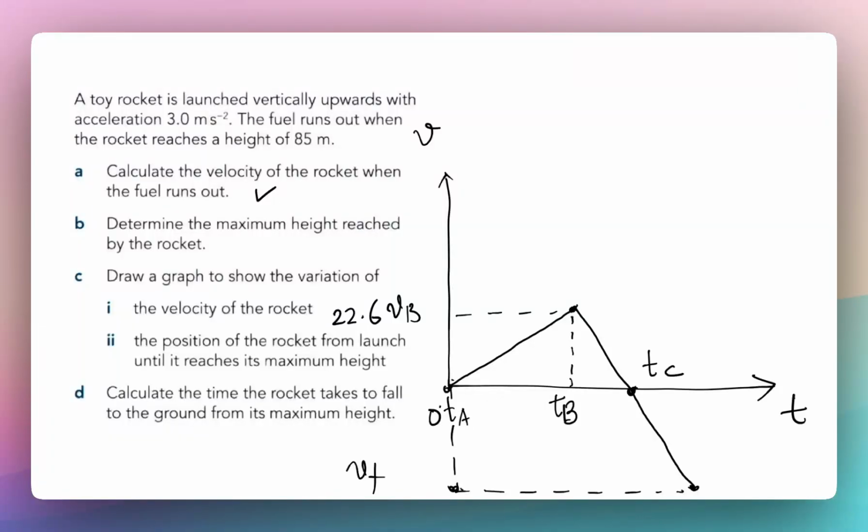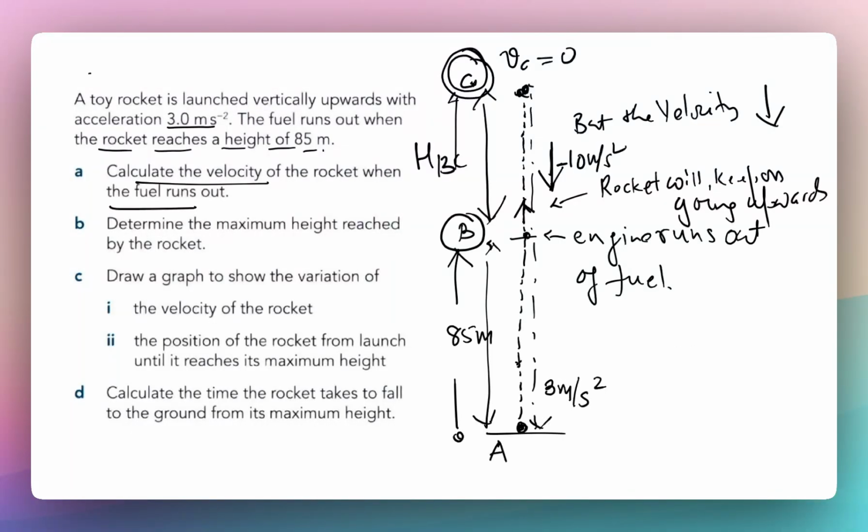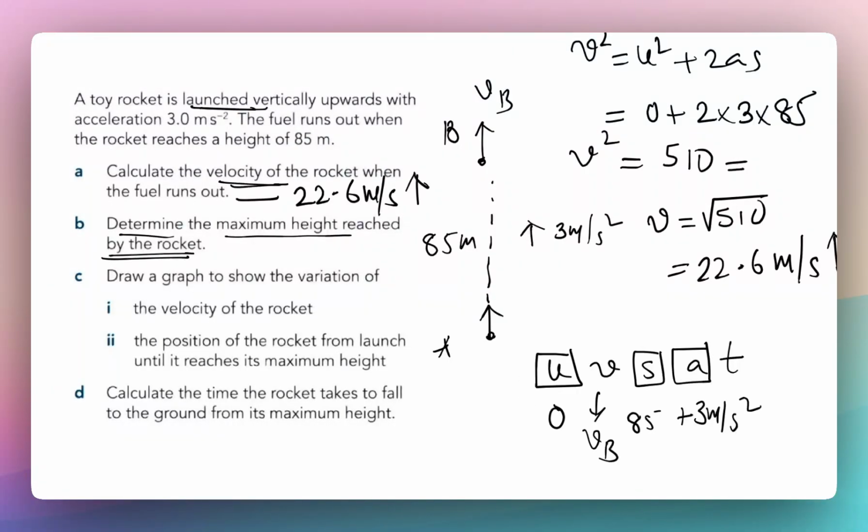So how much time between TA and TB? We can compute that. So part A, yes, part A. Here we know U is equal to 0, etc. And my final velocity is 22.6. And we can find the time. We can simply use V is equal to U plus AT. My V is 22.6 and U is 0.